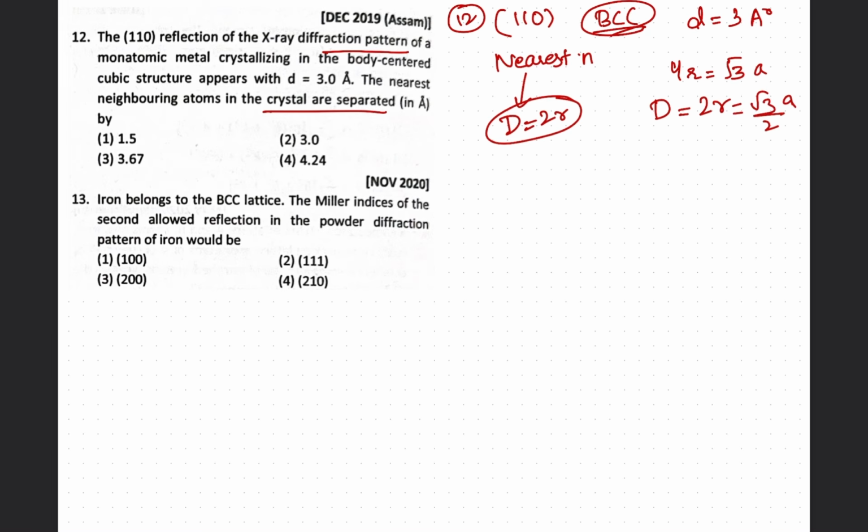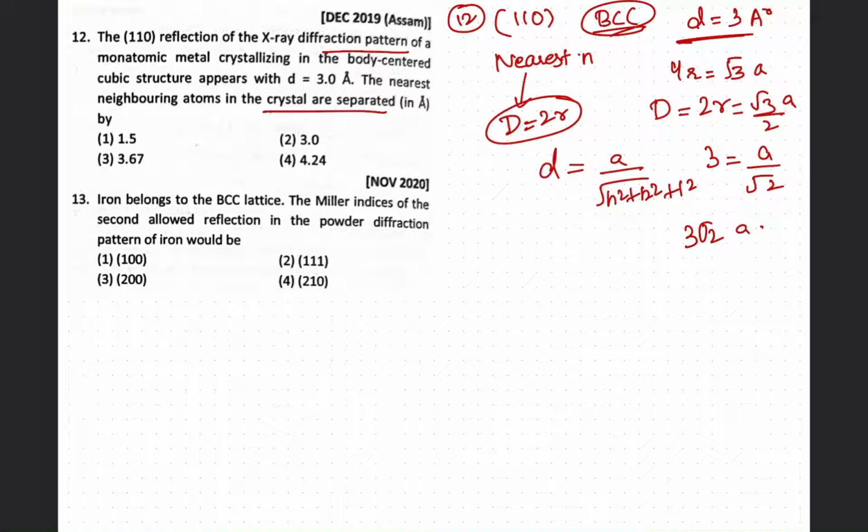Okay, now they have given us d and this. We'll employ the interplanar distance formula, with h square, k square, l square. D is 3 and a root 2, so 3 root 2 will be a.